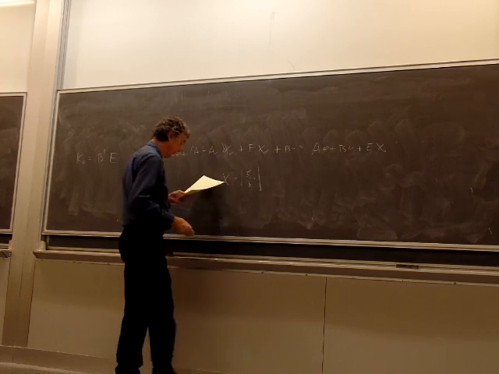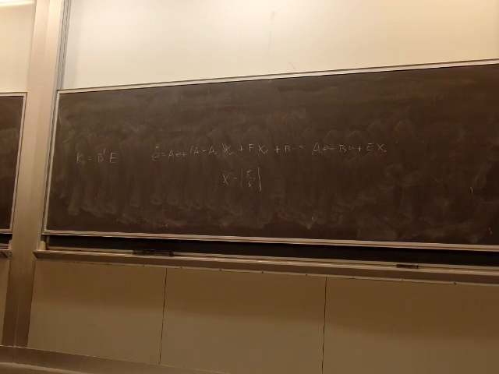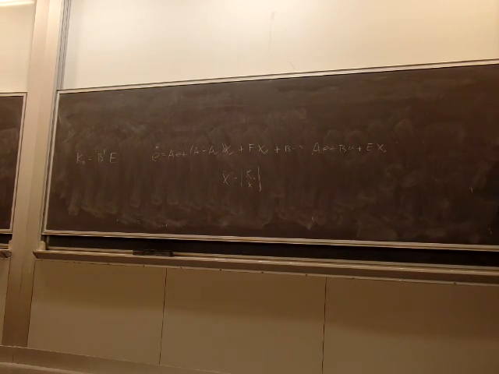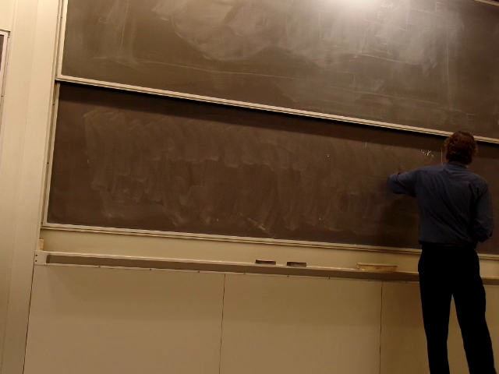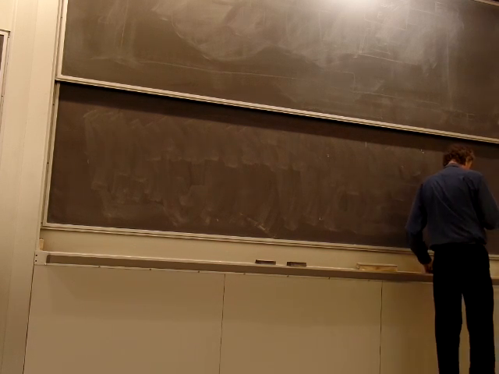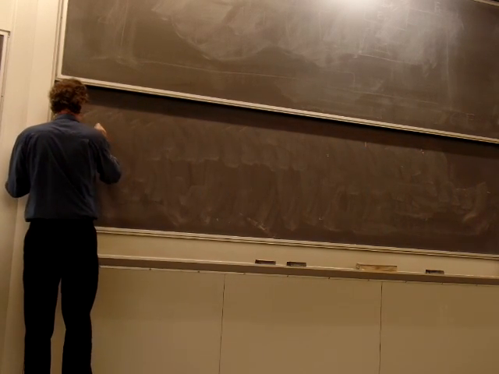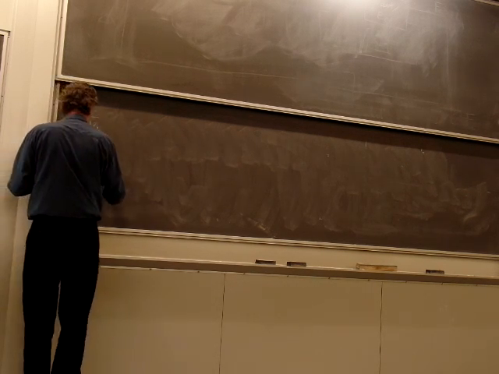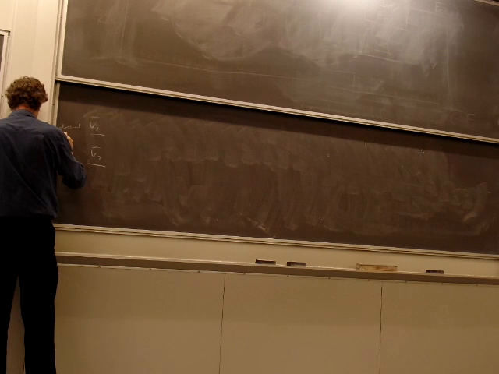X naught is our meta state. Now, let's see what this whole thing ends up being in terms of a block diagram. Make a little more sense. These are our desired states.